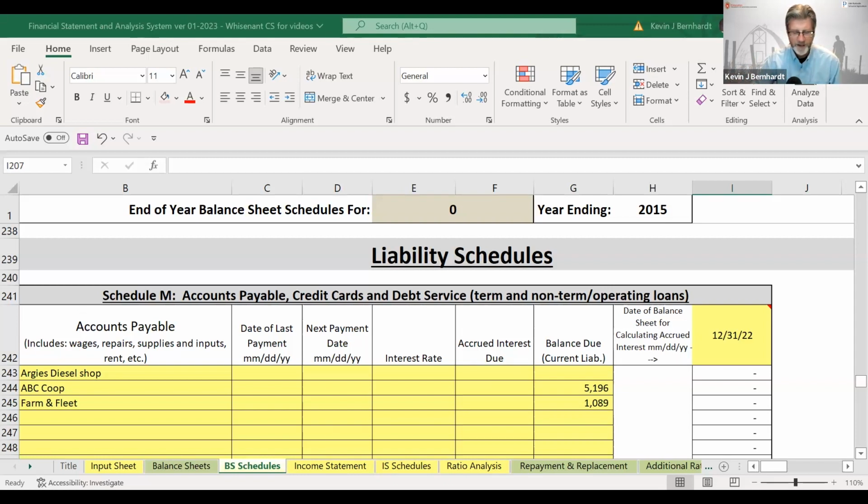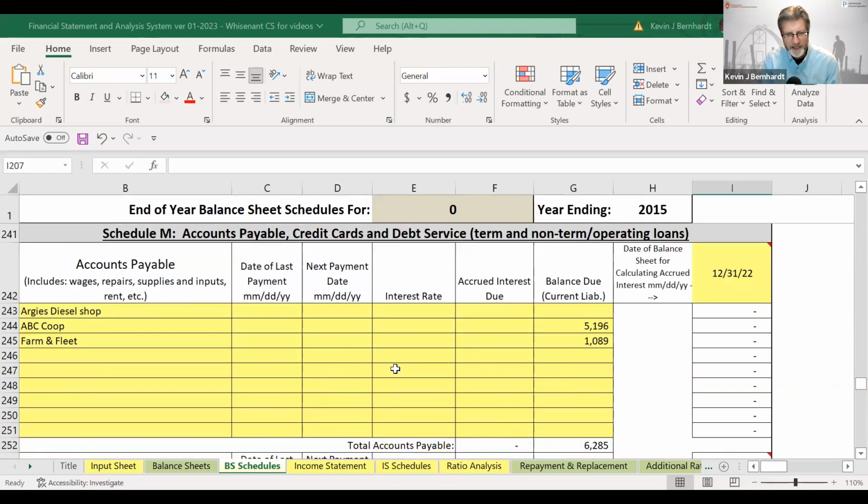So if I have a 5-year loan, the payment that's due in the next 12 months in this first year is a current liability, but all those payments due beyond this year collectively are a longer term liability, either in the intermediate liability section for intermediate assets or the long-term liability section for long-term assets like land and buildings. So Schedule M is where we can do most of our recording of these liabilities.